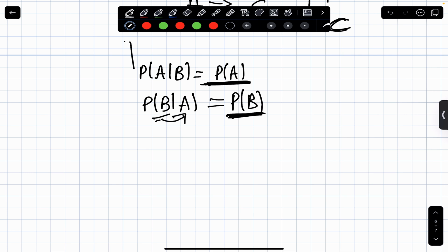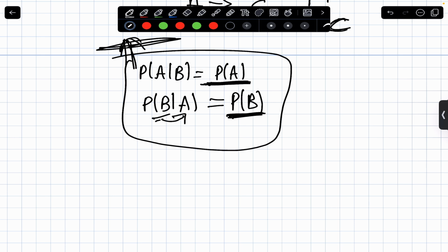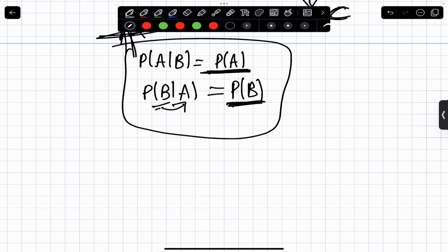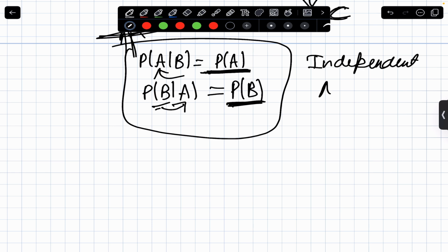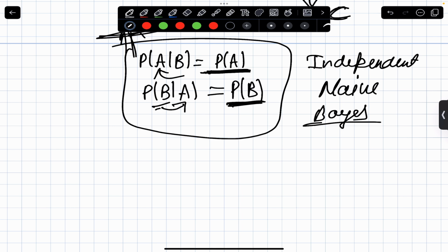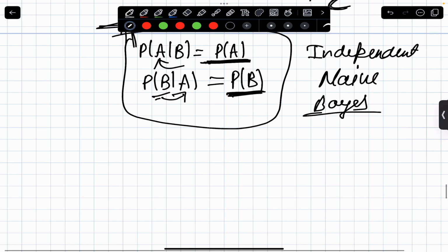This is not actually related to the previous example; I'm just telling you the variables that we use. So if the probability of A is the same after doing the conditional probability of A given that B has already occurred, then these are independent. And this is what we use in Naive Bayes. Okay.